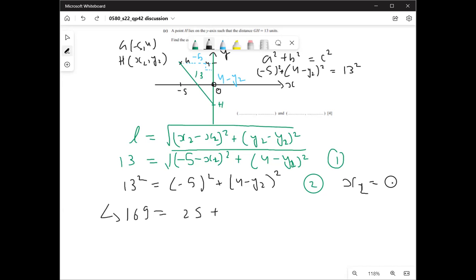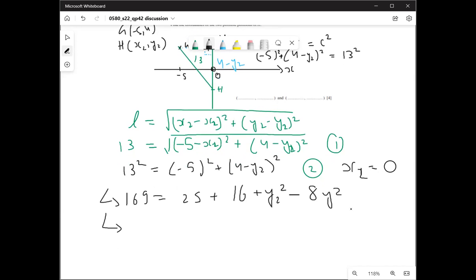I got rid of it because I know that this point lies on the y-axis. Therefore, the x coordinate is already 0. Now 4 squared is going to be 16 plus y2 squared minus 8y. That's opening the bracket.